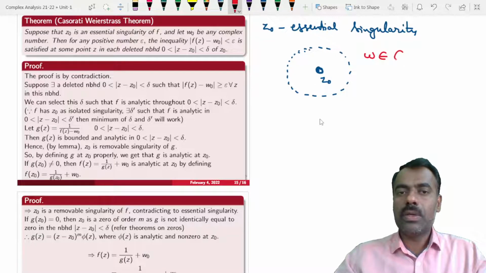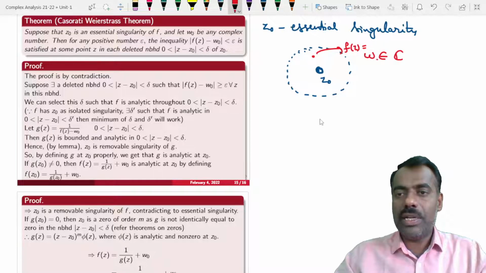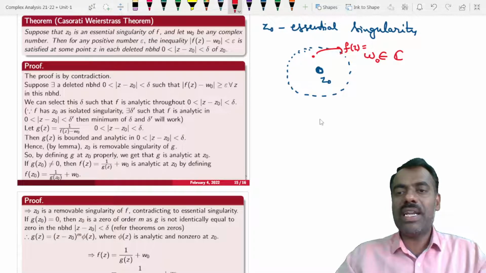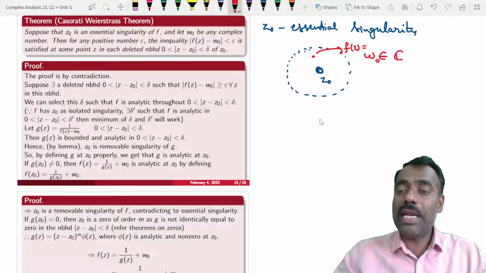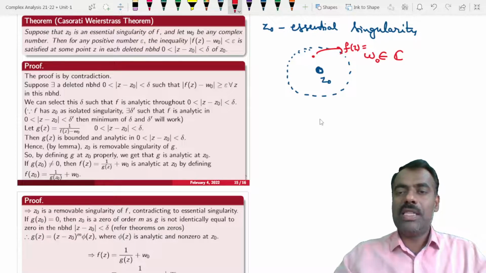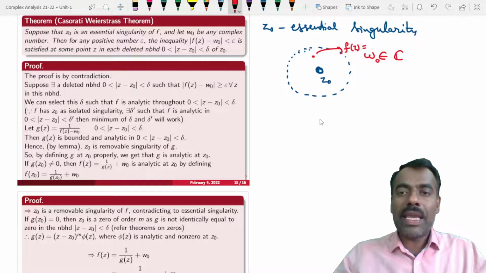complex number w, then there exists a point z in this neighborhood such that f of z is approximately equal to w. That means if you call it w naught, then there exists some z in this neighborhood such that mod f of z minus w naught is less than epsilon, and it is true for any epsilon you give. That means we can approximate every complex number by some value of f, where z comes from this neighborhood.